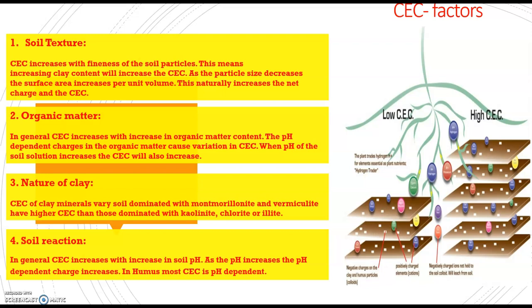High clay means high CEC. That means whatever we plant at plot A will have higher yield compared with plot B. This is what I mean by soil texture. The amount of clay acts as a factor there.